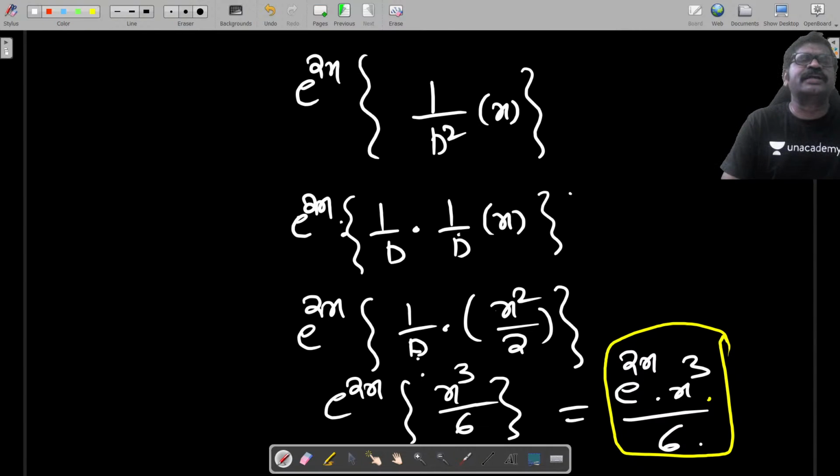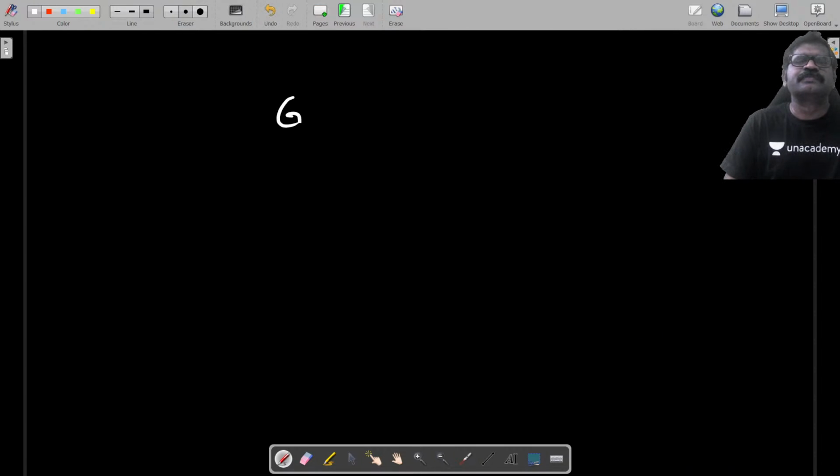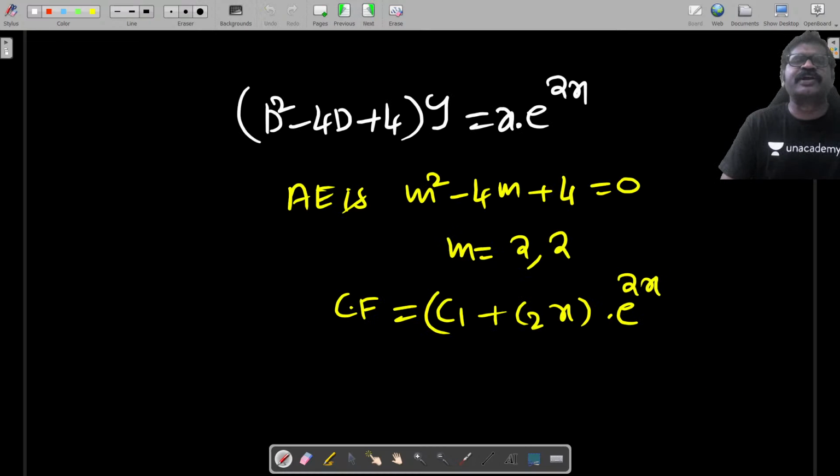Now, the general solution is complementary function plus particular integral.